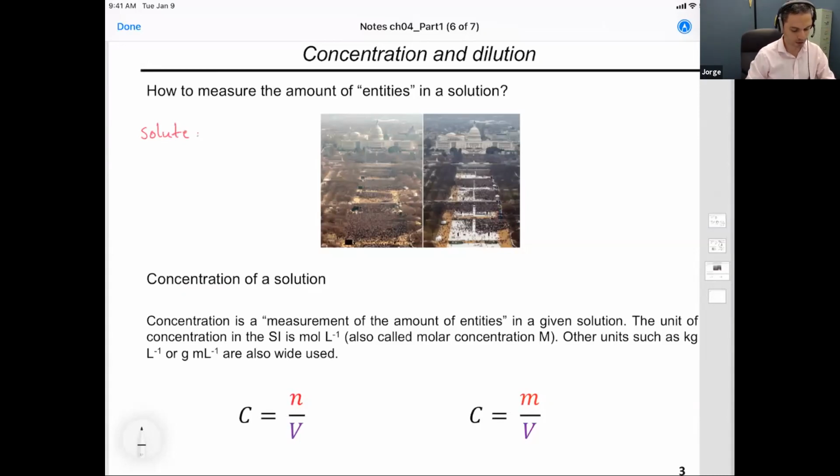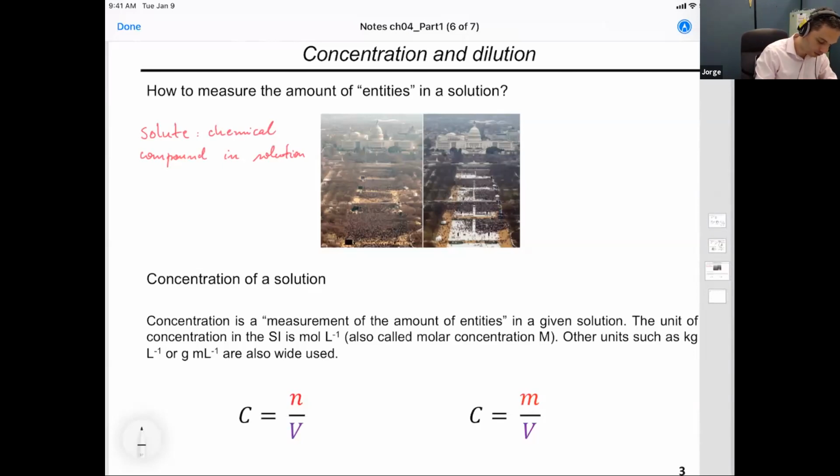Solute is whatever chemical compound is in solution. That can be a salt, an acid, base, oxide, doesn't matter. It is what you are going to dissolve in solution.